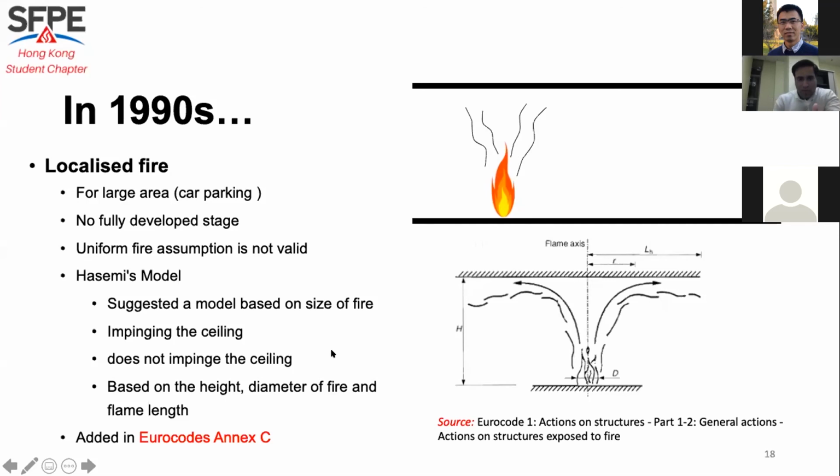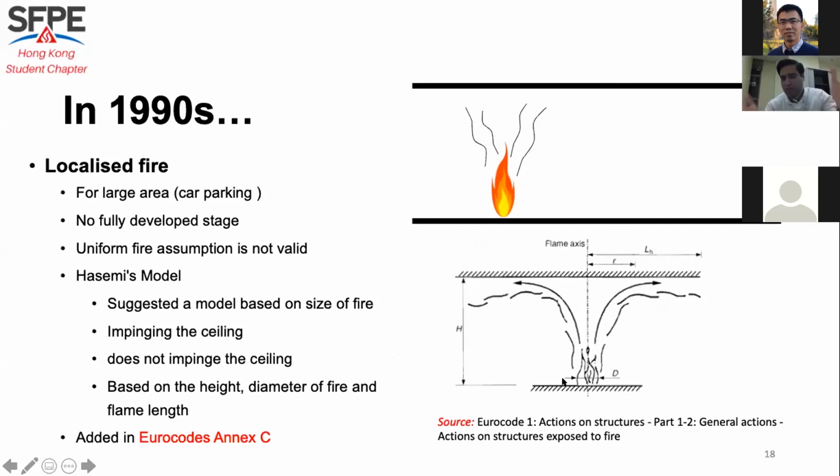Hasemi in Japan performed many experiments and tried to give two correlations for two different situations: one when the fire is impinging on the ceiling, and another when the fire does not impinge on the ceiling. In both situations, he suggested how to calculate the temperature on the structural boundary, based on the diameter of the fire, meaning how big your fire is.